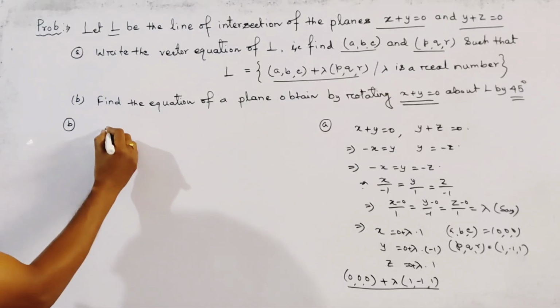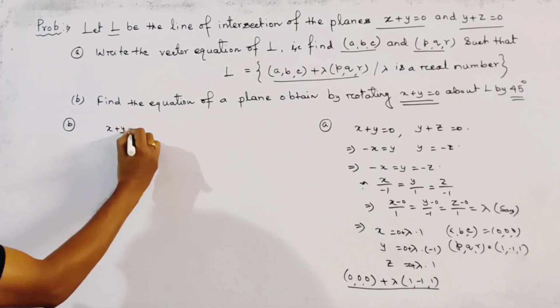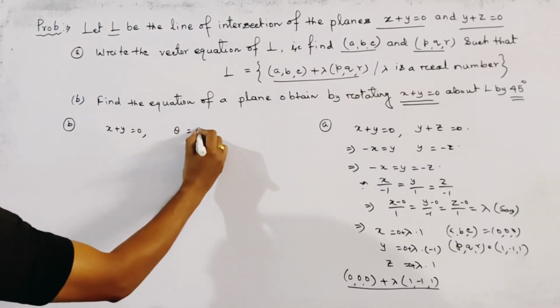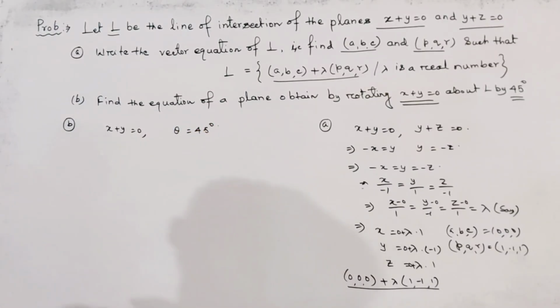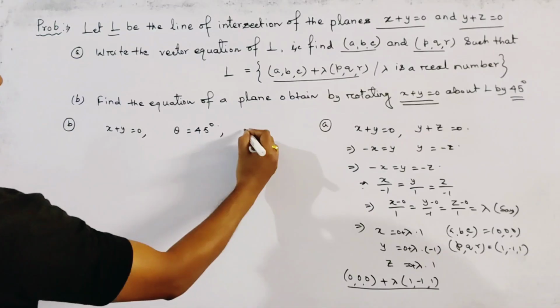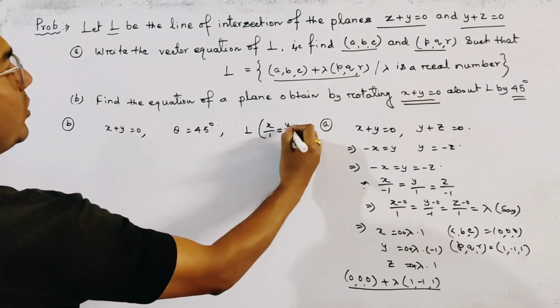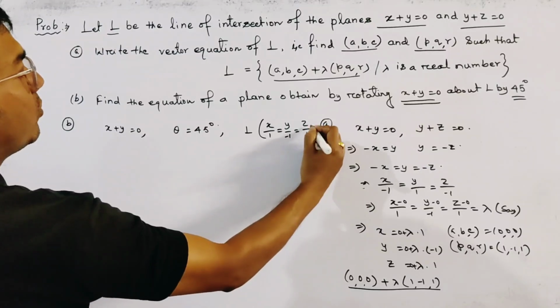So the plane is x + y = 0, the angle theta is 45 degrees, and the line is L, which is given by x/1 = y/(-1) = z/1.